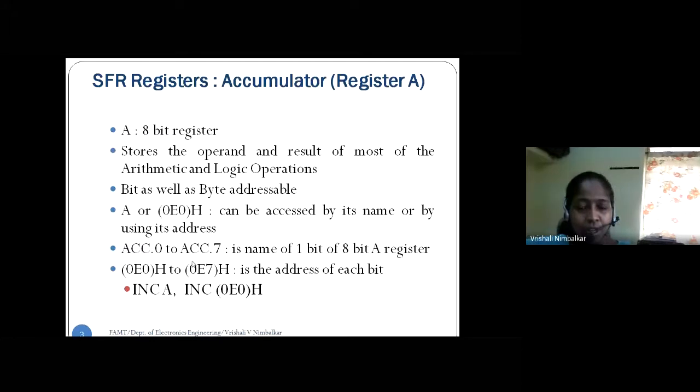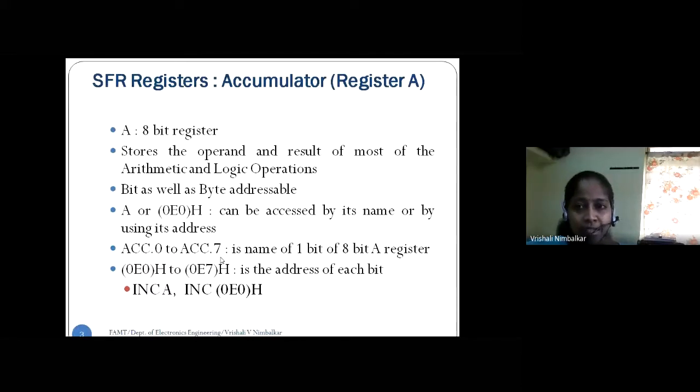Is that okay? Now you might ask, why would I need 1 bit accumulator access? Correct? Now, if you look into your flag registers, last time we saw PSW, we will see it ahead also. There is a carry flag, auxiliary flag, parity flag, but there is no sign flag. I do not have a flag which will indicate whether the answer is positive or negative. Correct?